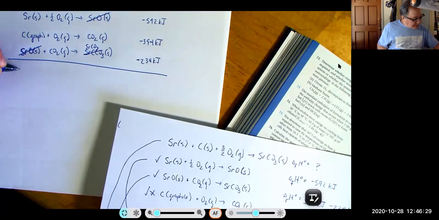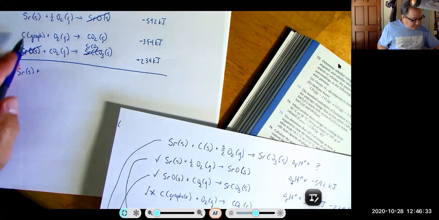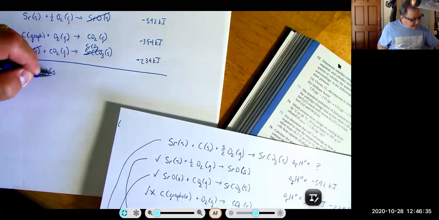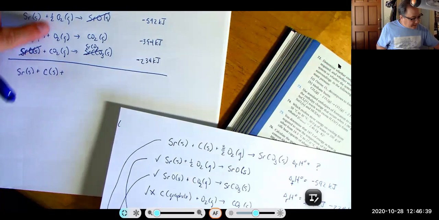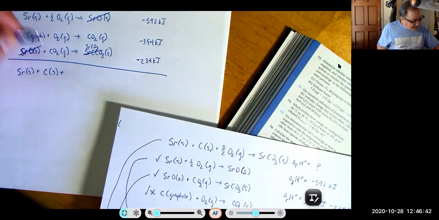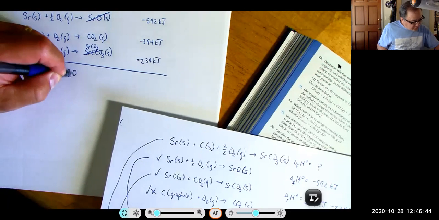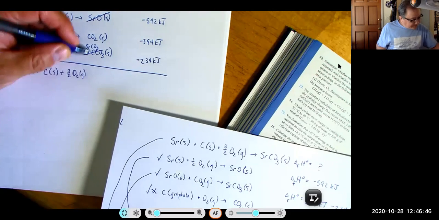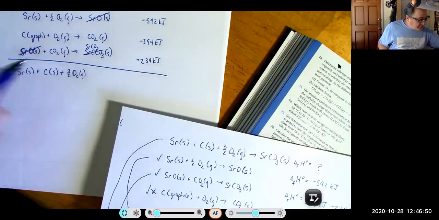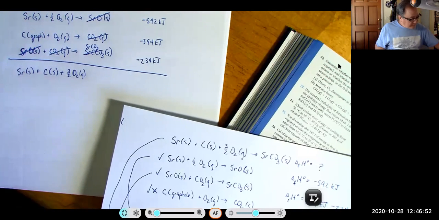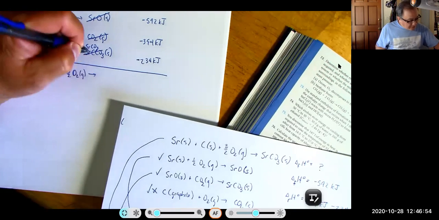We're left with strontium solid plus carbon solid plus 3/2 O2 gas, and the CO2s cancel. And then they give you strontium carbonate.